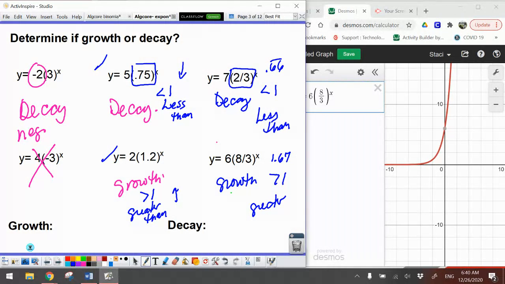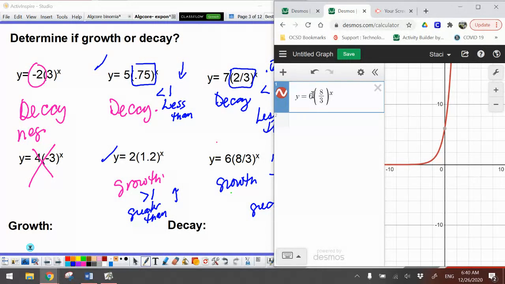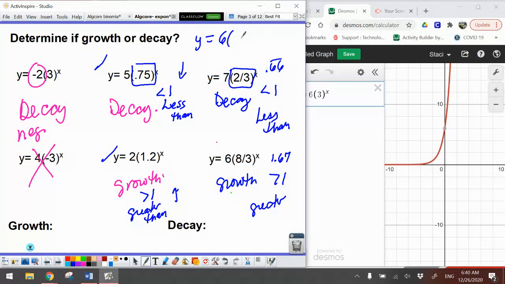Okay, well, what if we just have positive numbers? What's going to happen? If that's a 6, and let's just make this a 3, that's also a growth. So if y is equal to 6 times 3 to the power of x, that one is also a growth. So what are some things that I notice?